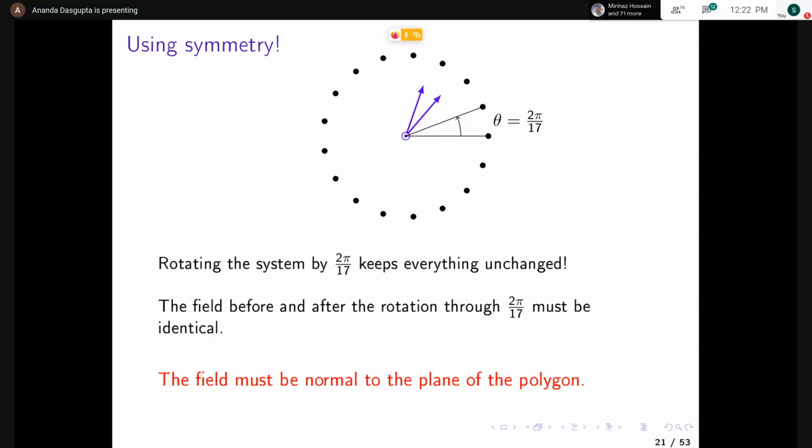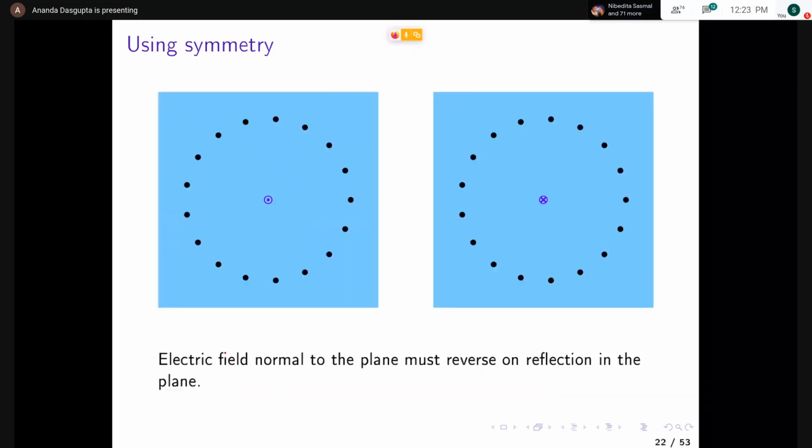Now there are several other symmetries that you can use here. The one that I want to use in particular here is reflection symmetry. Imagine that this plane is a mirror and you're reflecting the entire system in that plane. What would happen? This is what happens before the reflection.